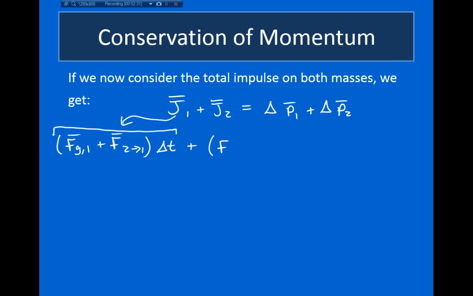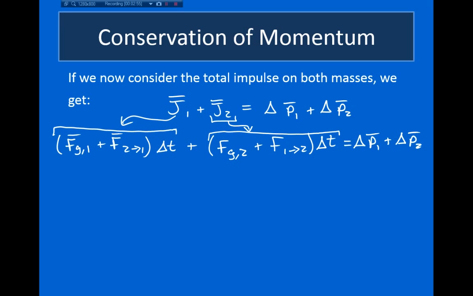The impulse exerted on mass 2 is the force due to gravity exerted on mass 2 plus the force that mass 1 exerts on mass 2, all multiplied by delta t. So this stuff right here is just the impulse exerted on mass 2. And according to the impulse momentum theorem, this is equal to the change in the momentum of mass 1 plus the change in the momentum of mass 2.